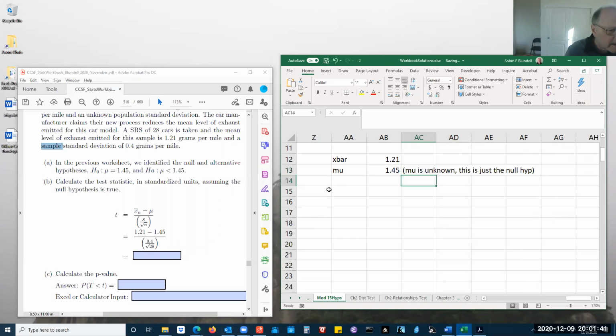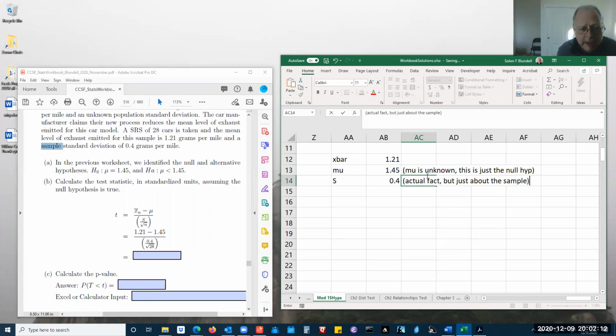Okay, and then while the 1.45 was a hypothesis, this is an actual fact, but just about the sample.